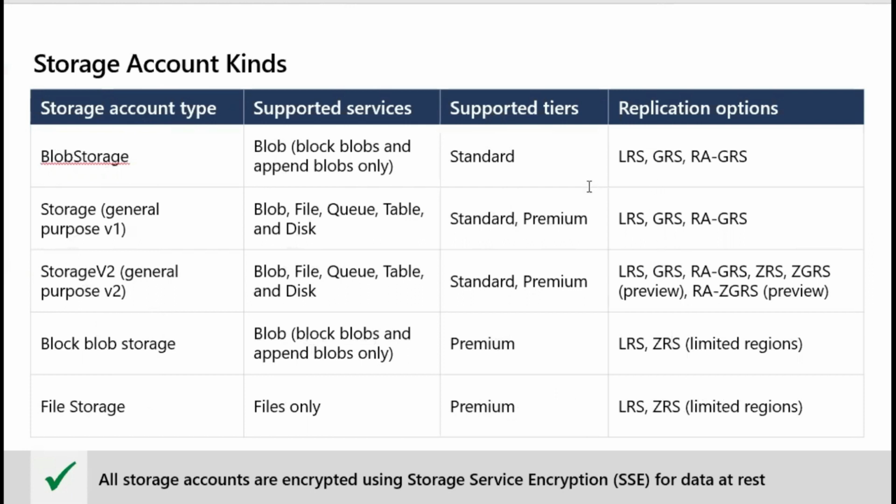That means if you create a storage account in Azure, you will have redundancy automatically. During storage account creation, you'll be able to select these replication options, like local replication, geo replication, and zone redundancy. So these are the account types we have.